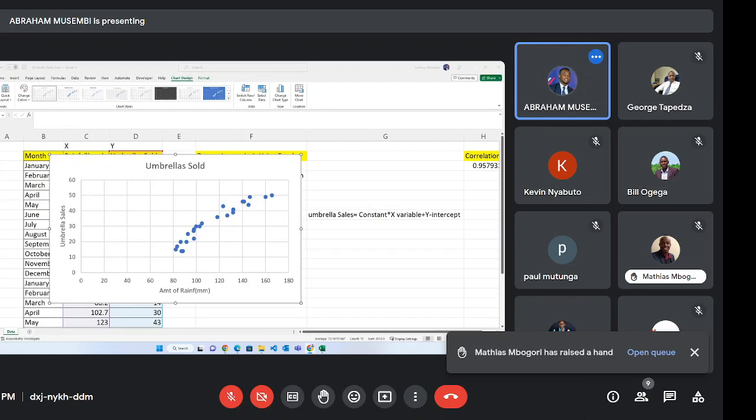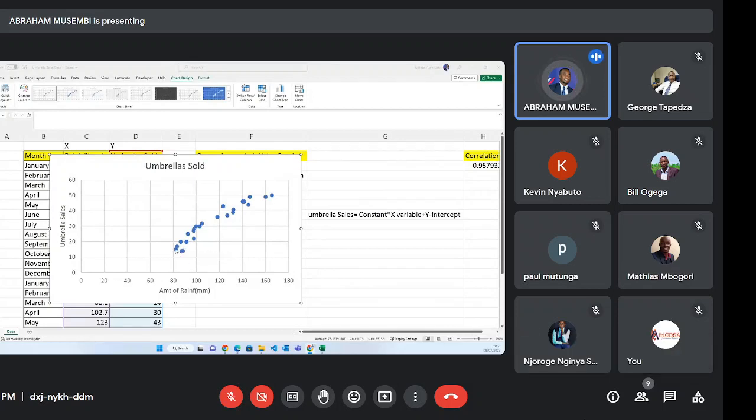Yes, that's the point. Yes, Matthias. I agree with Njoroge that the y-intercept will be negative. Very correct. Because you can see that if we make the line of best fit and extrapolate it, it will first pass through the x-axis.